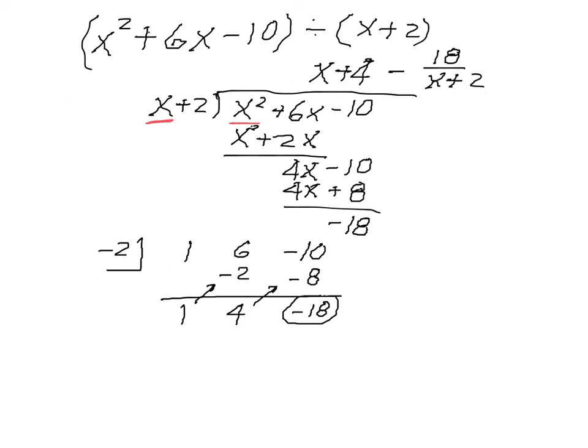But what about the 1 and the 4? Well, those are simply the coefficients of my answer. Now, since I started out by dividing x squared by x, I know my result is going to have an x term. So my answer is x plus 4, those are my coefficients, the 1, the 4, minus 18 over x plus 2.